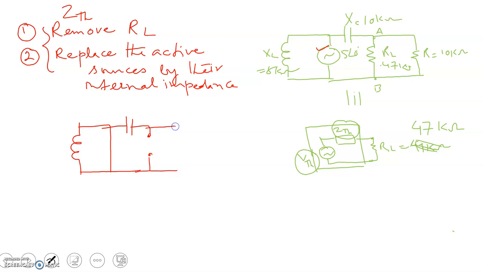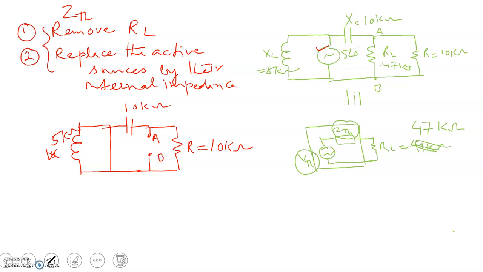And there is a resistor here, R, which is equal to 10 kilo ohms. The impedance across the capacitor is also 10 kilo ohms, and here also 10 kilo ohms. Sorry, this is not 10, this is 5 kilo ohms. So this is point A, this is point B.